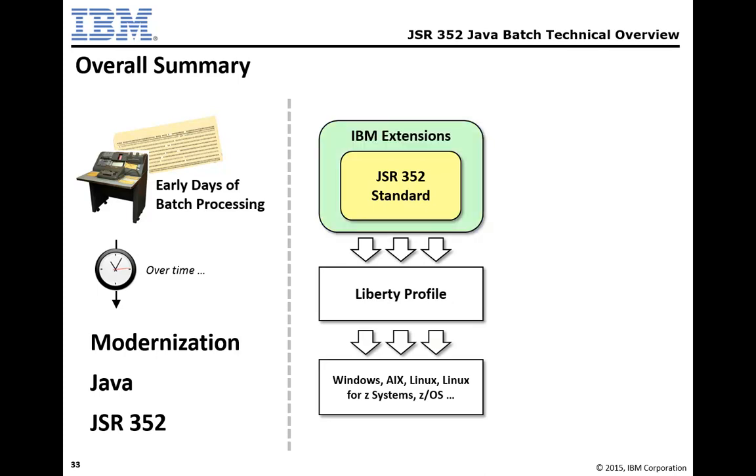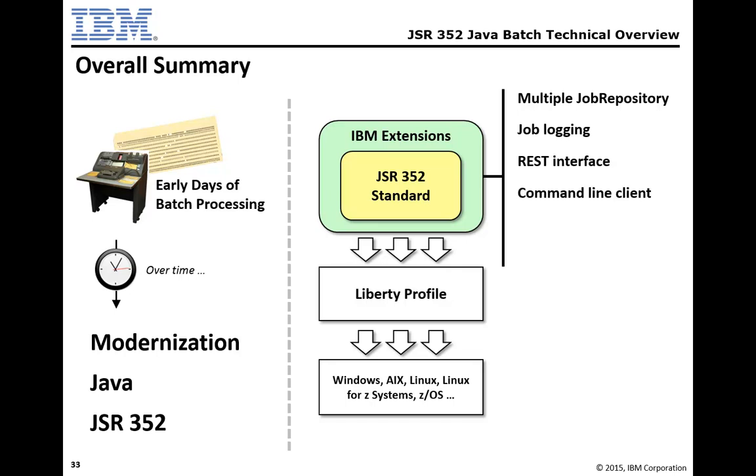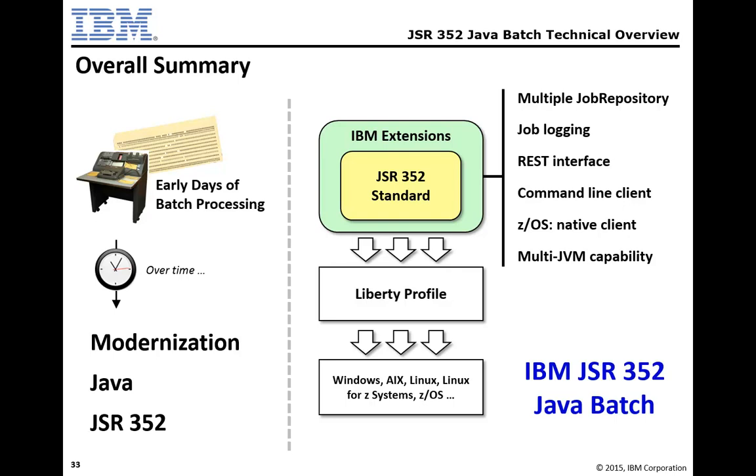IBM has added extensions around the standard, which includes several ways to configure a job repository, job logging, a REST interface for remote job submission, a command line client which is useful for external scheduler integration, on z/OS a native command line client, and the multi-JVM support we just discussed. And that's the IBM JSR352 Java Batch story.